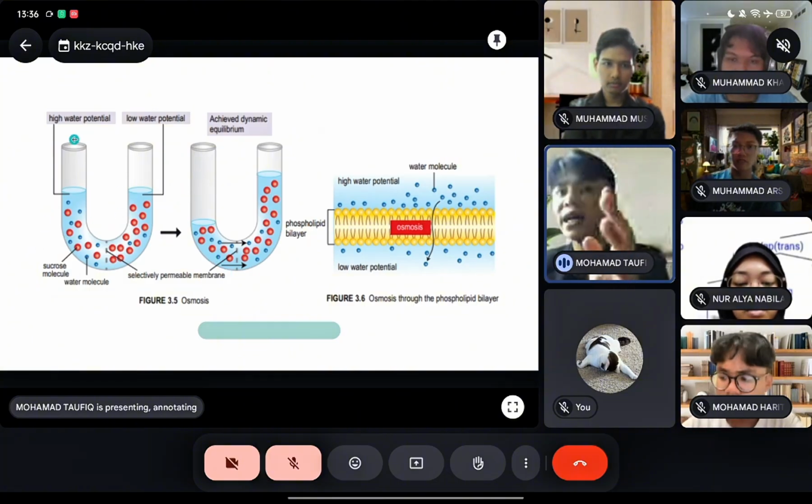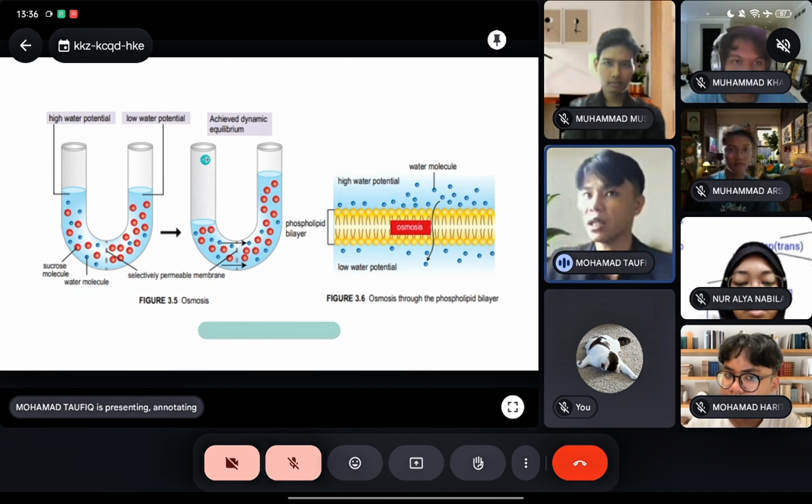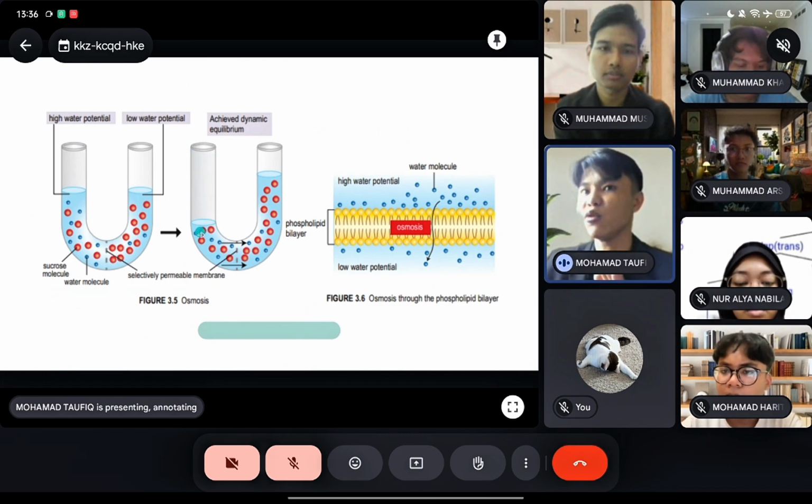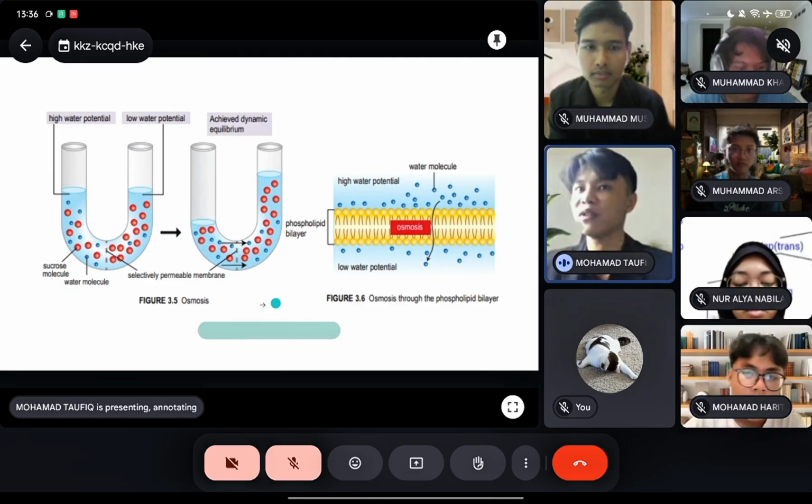Thus, from the high water potential, the water moves down the concentration gradient to the low water potential. Then it achieves dynamic equilibrium, where the solids and water molecules on both sides of the tube have been balanced.